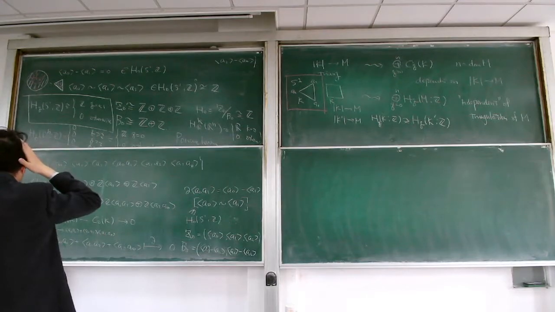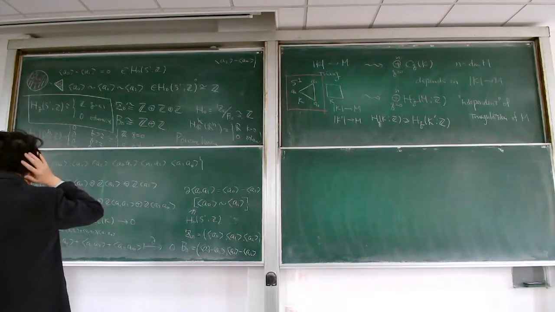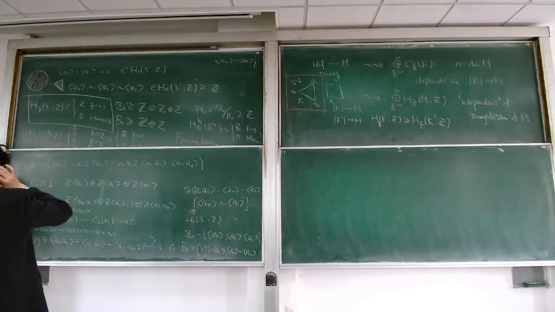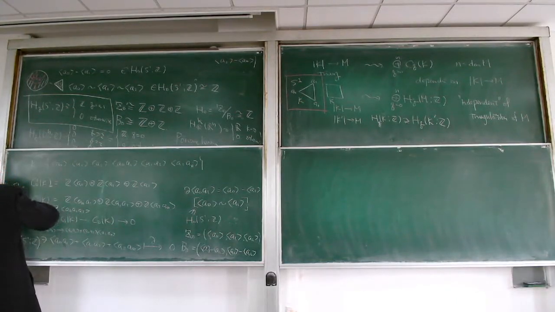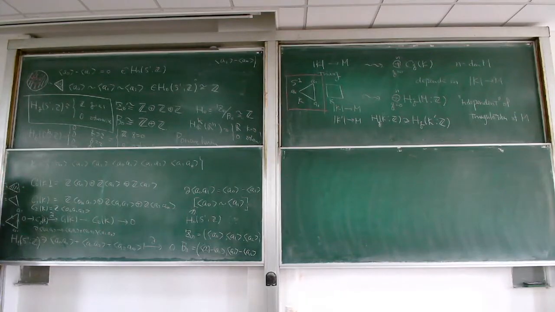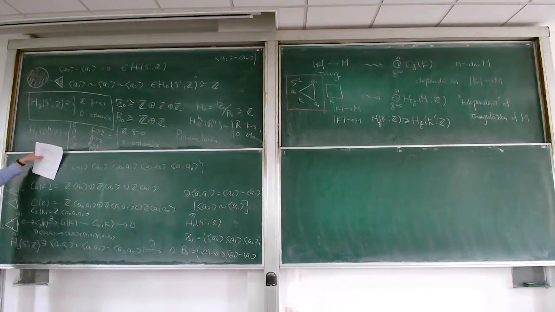The boundary of this triangle is not zero. And therefore, it's not an element of homology. It's not a cycle.